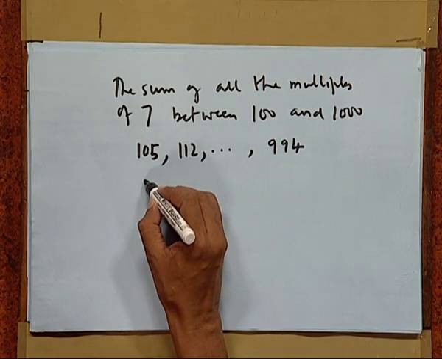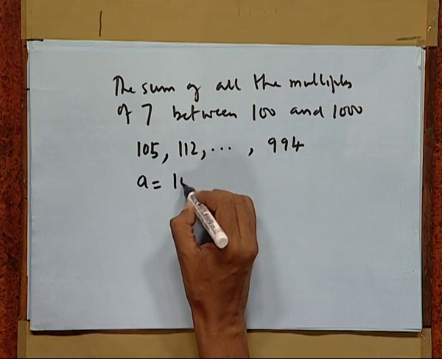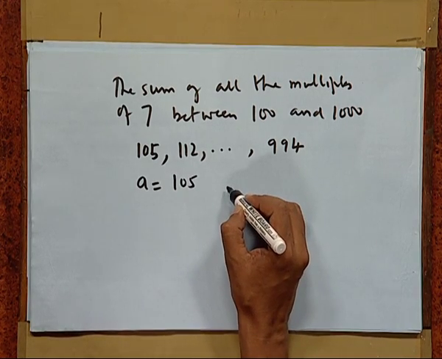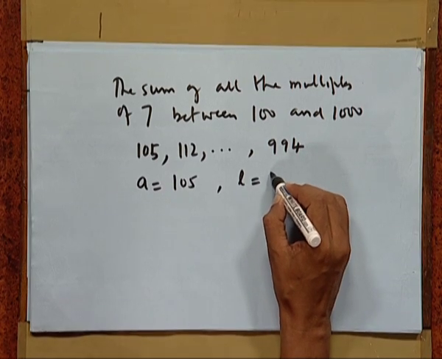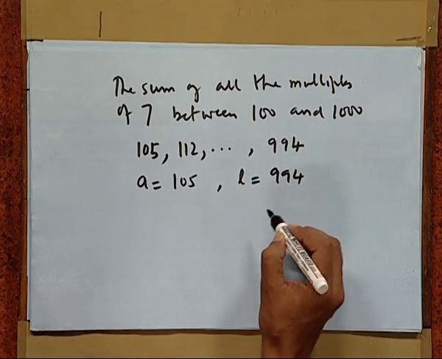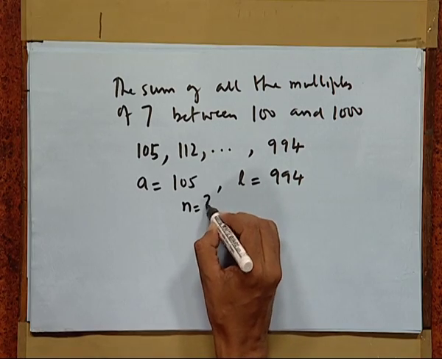Thus, the first term, that is a, is 105. The last term is 994. Here, our unknown is the number of terms. n is not given to us. Suppose we assume it to be n.